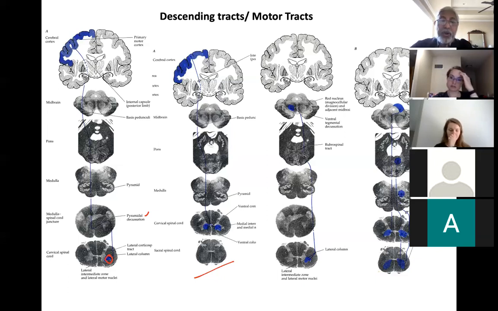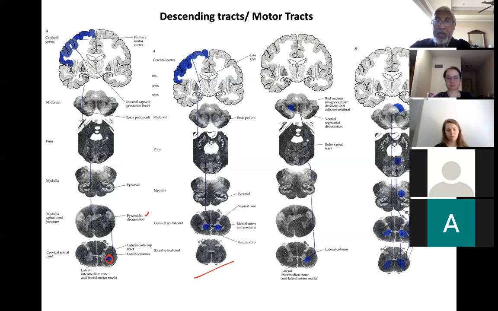It's anterior because it is located in the anterior white column of the spinal cord, number one. And another very important point in your favor is that you see fibers going through the medulla without crossing. If it was lateral corticospinal, they would have crossed around here. They would have decussated in the pyramid, right?